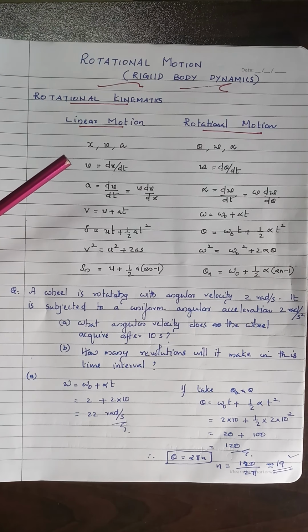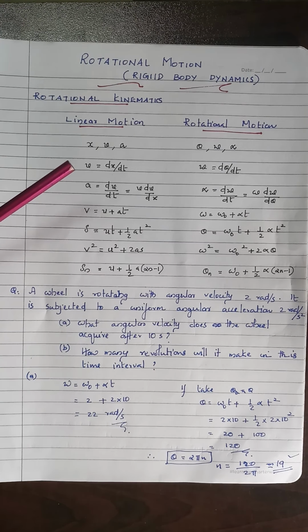So at first, keep in mind one thing: the important factors relating to circular motion are applicable here in rigid body dynamics. And keep in mind, circular motion deals only with particles, but here we deal with n-particle systems.